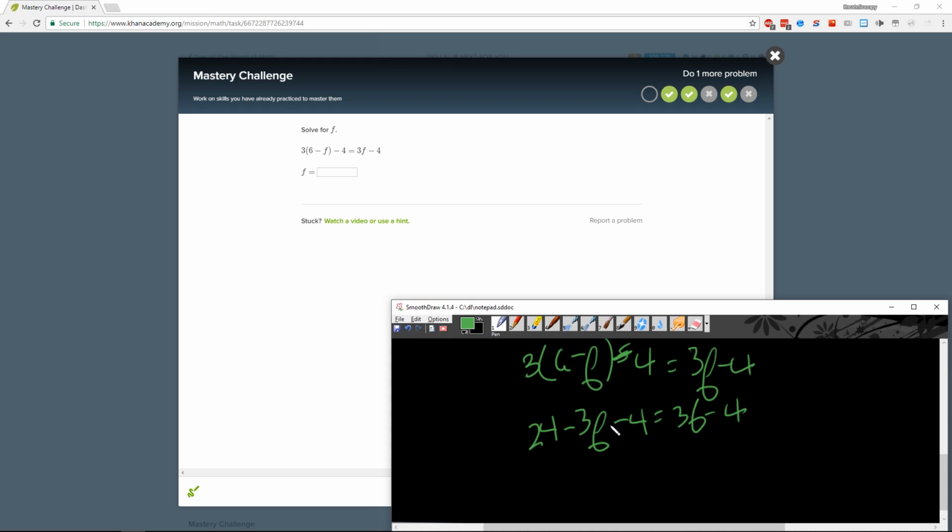So add 3F to both sides. That goes away. That's 6F. Add 4 to both sides. That goes away. So 24 equals. So F equals 24 divided by 6, which is 4.